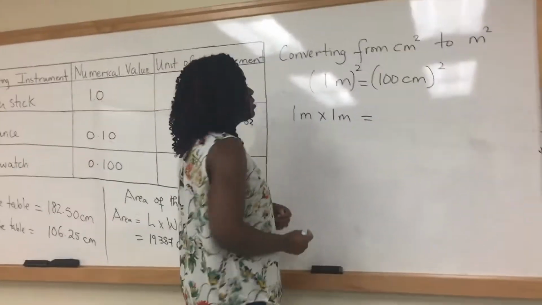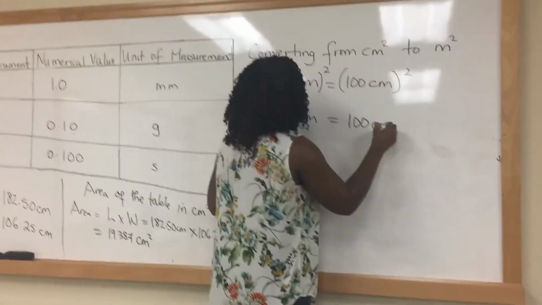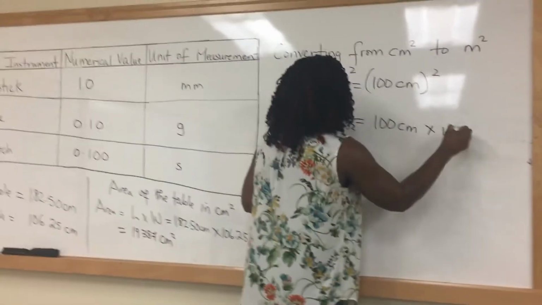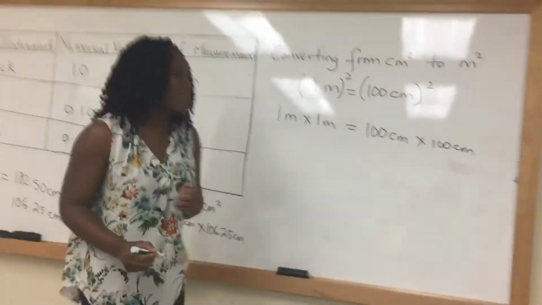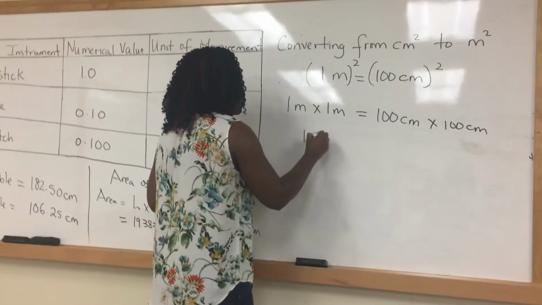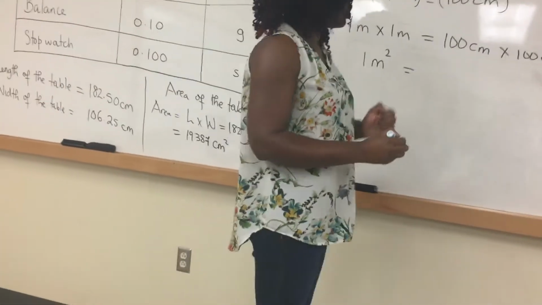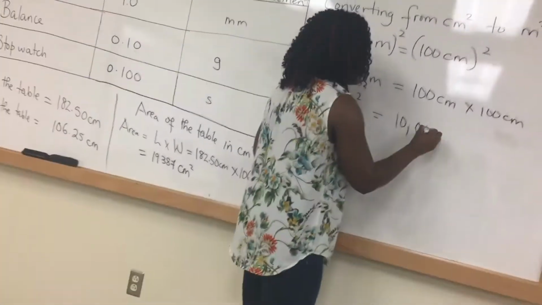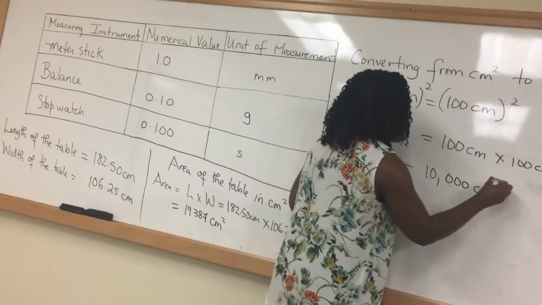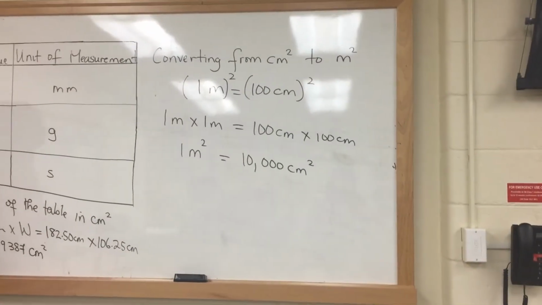And on the right hand side of the equation, we will say 100 centimeters times 100 centimeters. Now 1 meter times 1 meter is 1 meter squared. And then 100 centimeters times 100 centimeters is 10,000 centimeters squared.